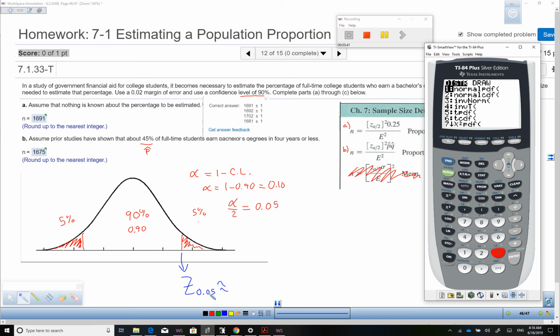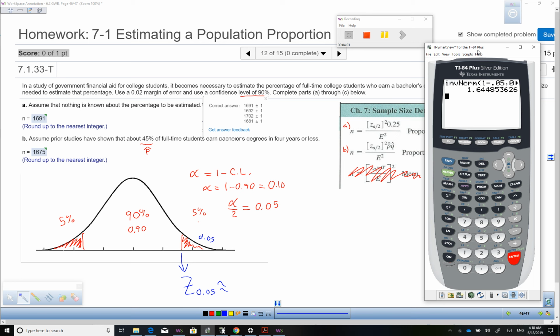So when the area is given on the right side, you need to write 1 minus that area, which is 0.05. That area 1 minus 0.05 represents the area on the left. And then we'll keep this 0 and 1 as the mean and the standard deviation. Press enter, enter again, and that is the critical value.